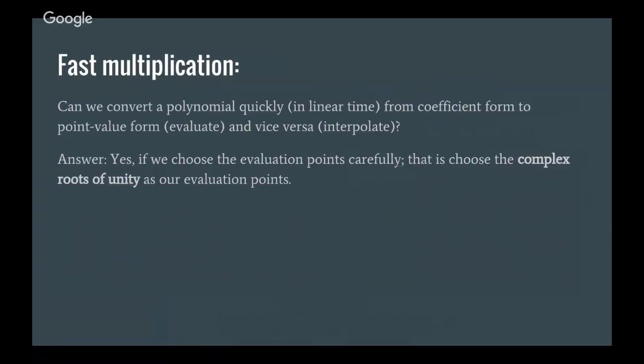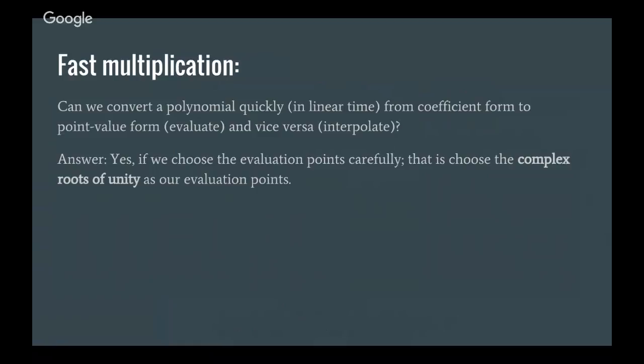All right, and one of the big questions that we'll be discussing is, why is the FFT important? And that is because it is able to multiply these polynomials very fast.